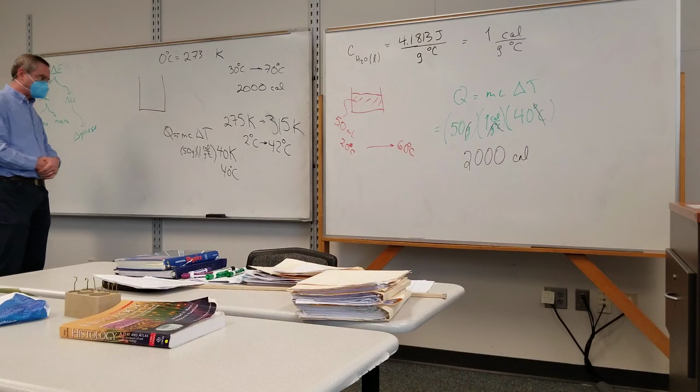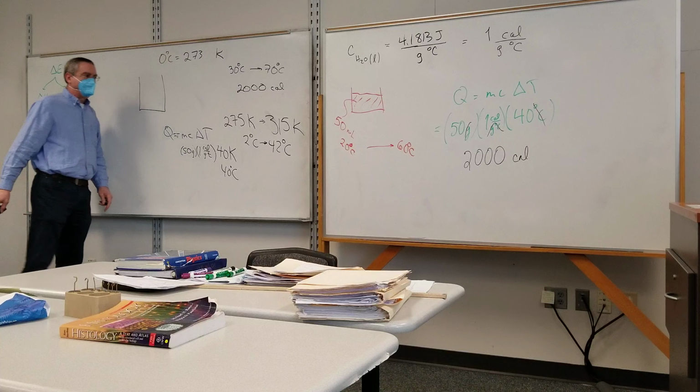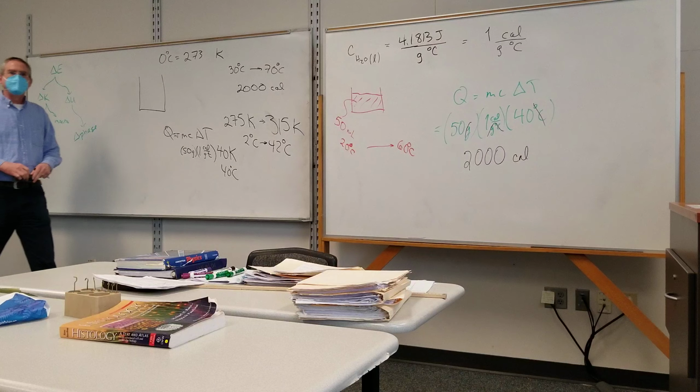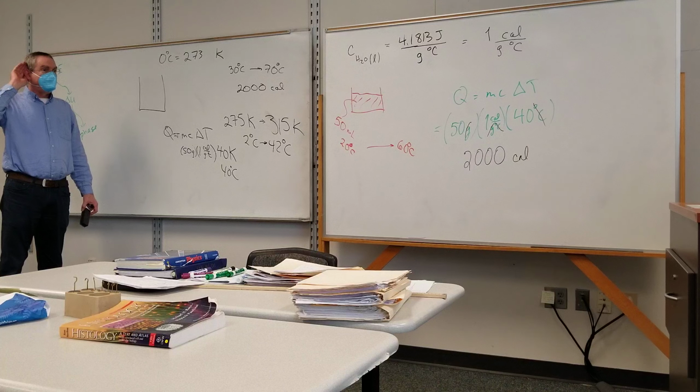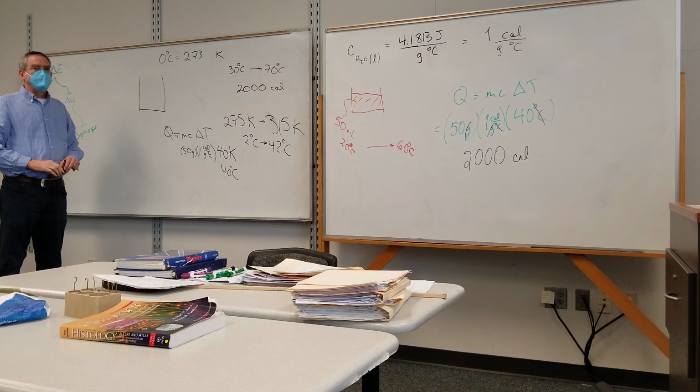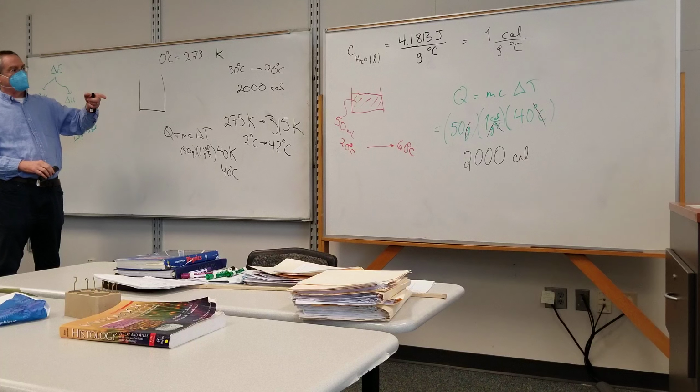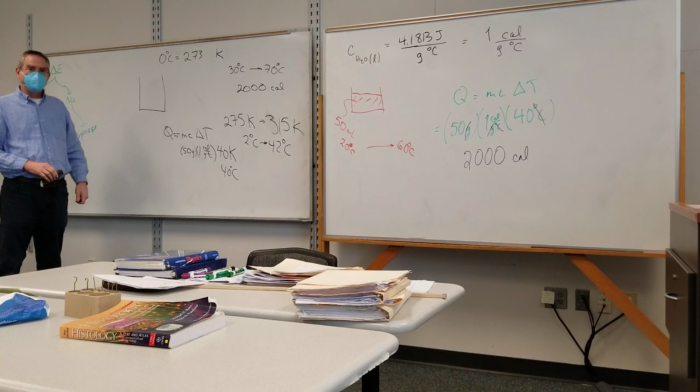I feel like I had a brain fart. Sure. So when you got 40, you subtracted the 2 from the 42. Yes. Same thing as you did before when you subtracted the 20 from the 60.